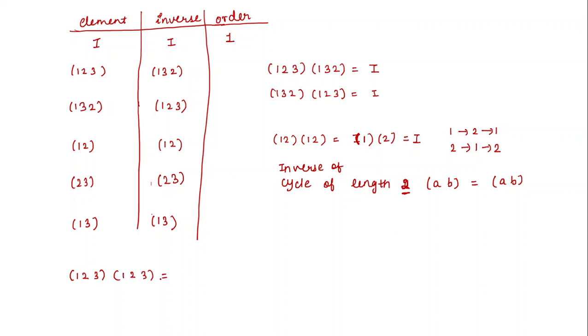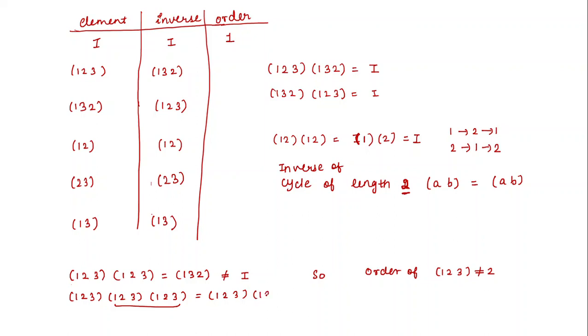(1 2 3) operated with (1 2 3) gives you (1 3 2), which is not equal to I. So clearly the order of (1 2 3) is not equal to 2. Now (1 2 3), (1 2 3) and again (1 2 3): when we operate 2 times, we get (1 3 2).